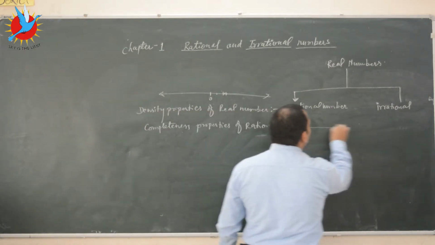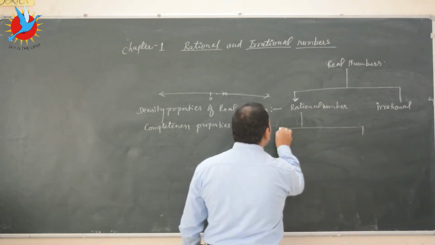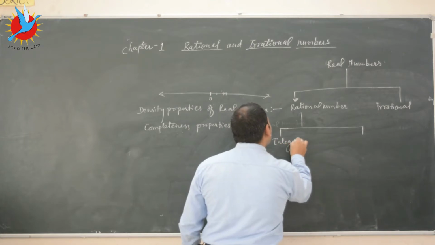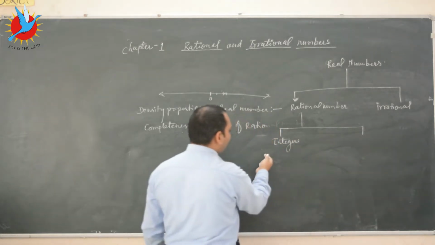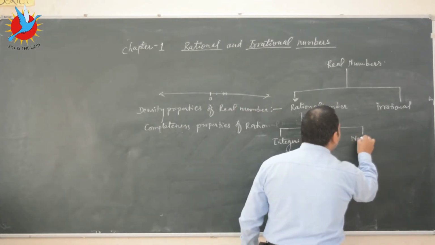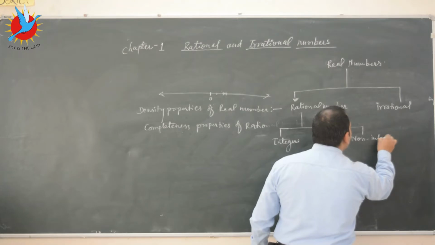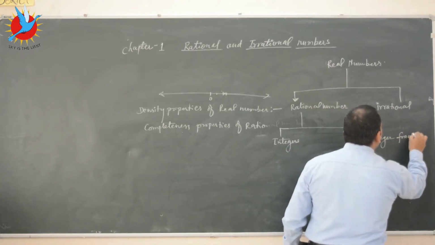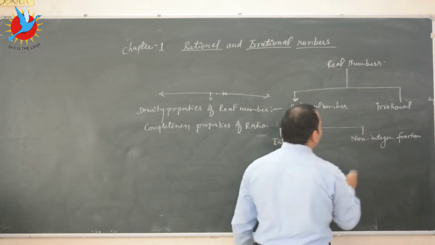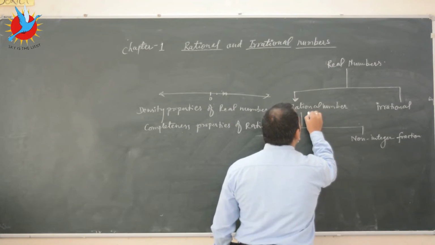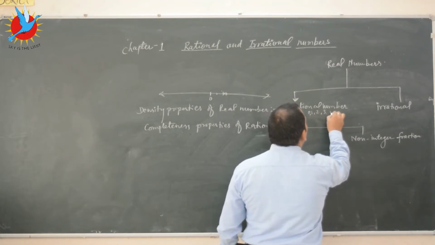Rational numbers are of two types. One is integers, all the integers either positive or negative or zero, and non-integer fractions. A non-integer fraction is a rational number which can be written like 1/2, 3/4.